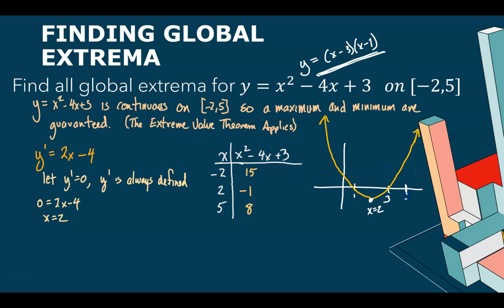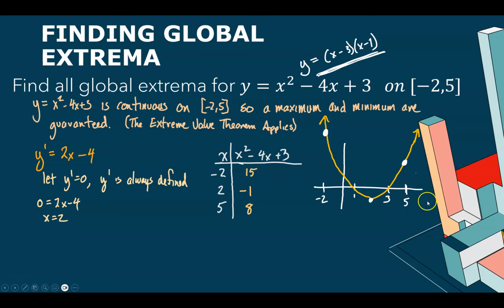So where are we going to get the highest y value? At 5 or at -2? Because we probably really didn't even have to consider 2. Although extreme value theorem says we do. And I guess what I'm thinking here, between 3 and 5, that's a change of 2. Between -2 and 1, that's a change of 3, so that parabola has more room to grow.